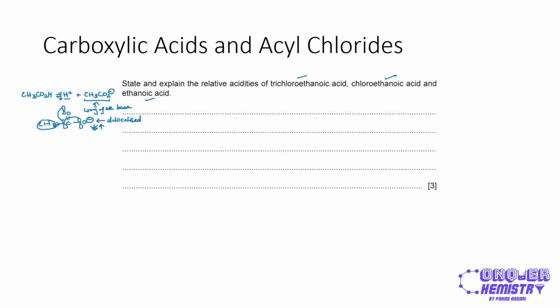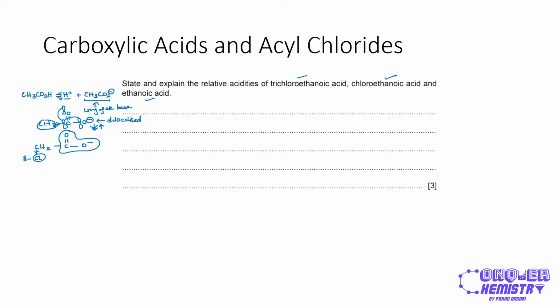But if we talk about chloroethanoic acid, the difference is that this CH3 becomes a CH2Cl, and so this electron donating alkyl group becomes not so electron donating anymore, because it now has an electronegative chlorine atom that withdraws electrons away from the CO2 negative group.